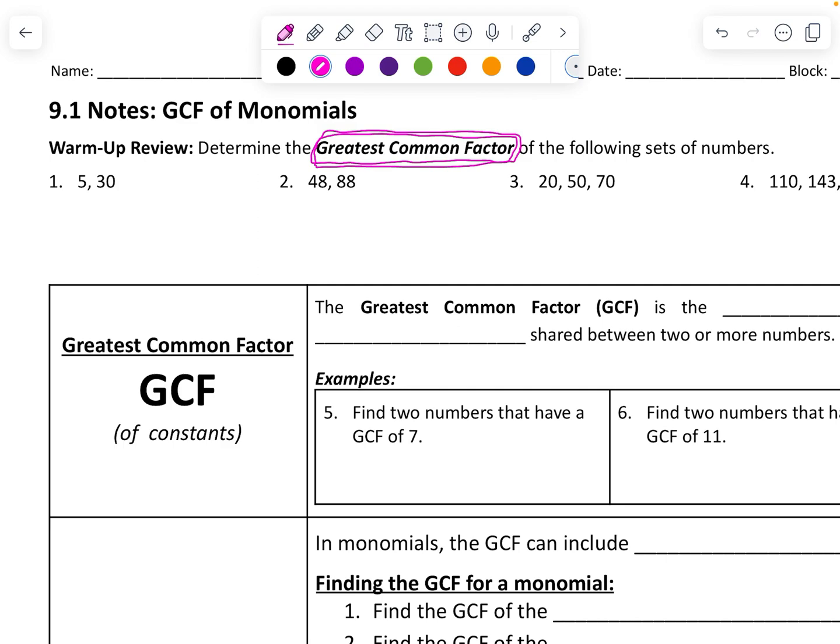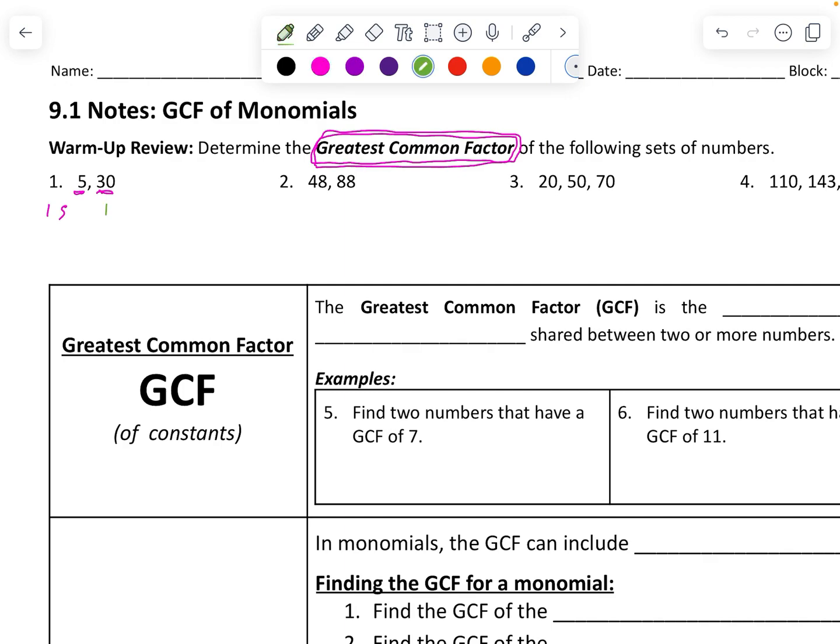But basically, what goes into 5 and 30 evenly for number 1? And what's the greatest of those numbers? Now, 5 only has two factors, 1 and 5. And 30, 5 also goes into. It has a lot more factors than that. So we could, if we want to, list out all the factors of each.